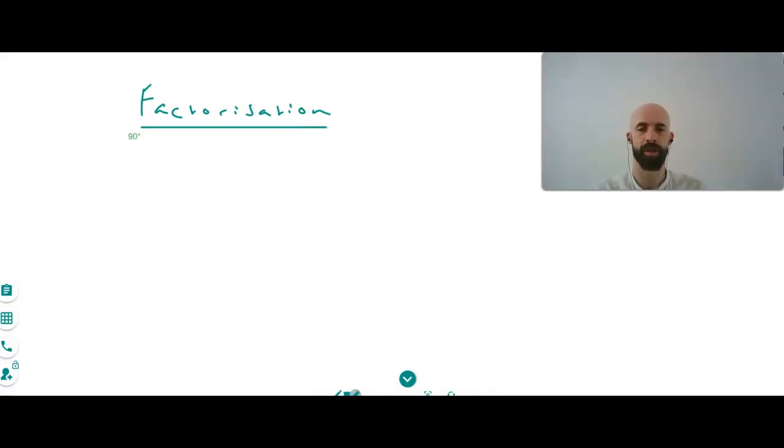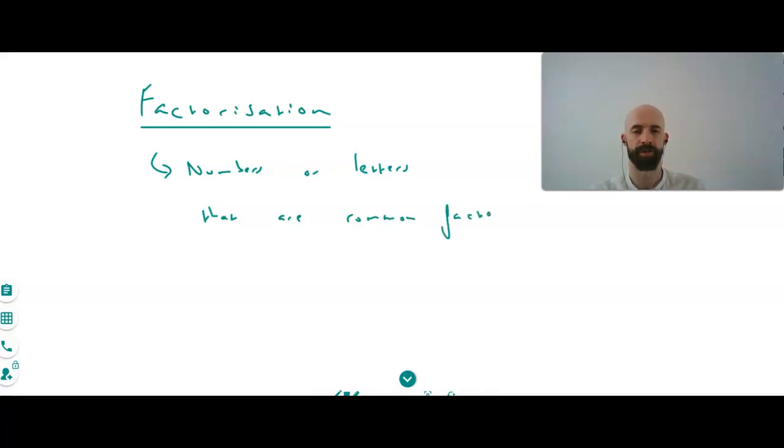So factorization. The basic principle is looking for numbers or letters that are common factors. Just remembering a factor, common factors.